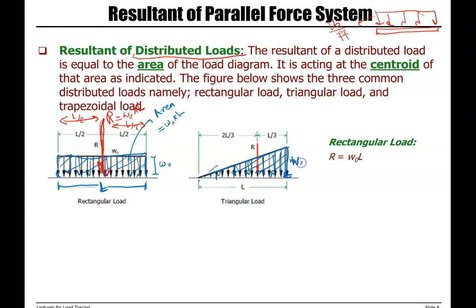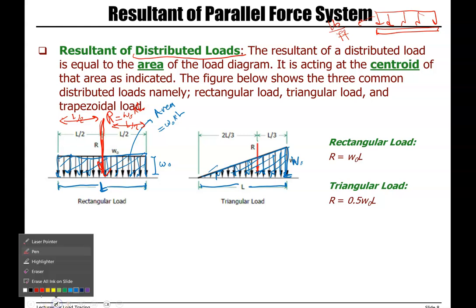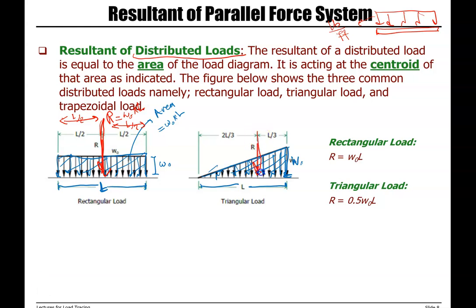This side is W0 and this side is L. So our resultant here is equal to half of W0 times L. And it's placed at 1/3 from the base of the triangle and 2/3 from here.